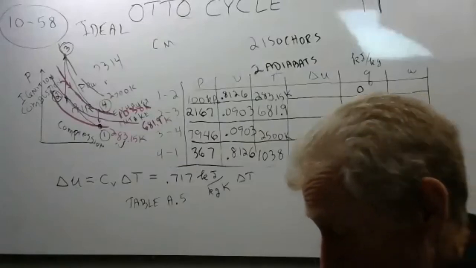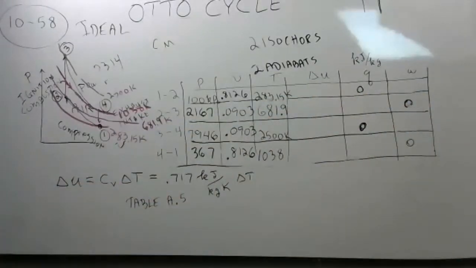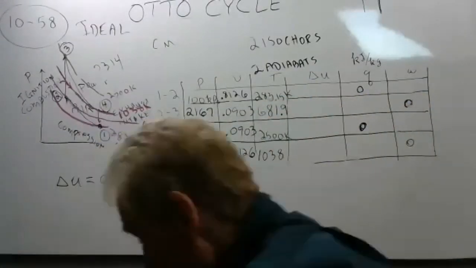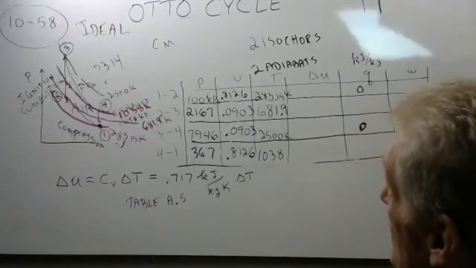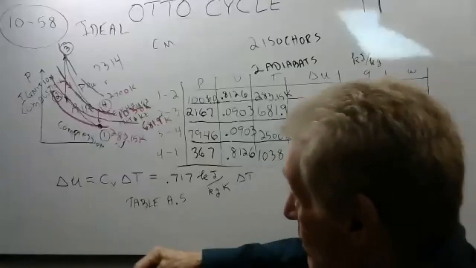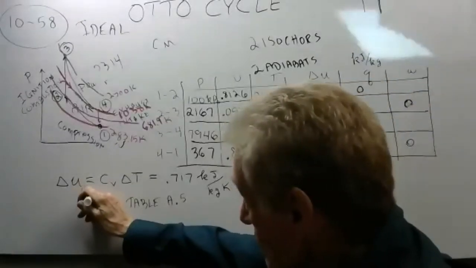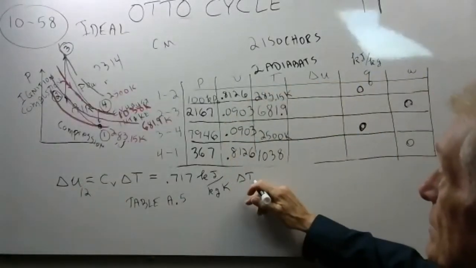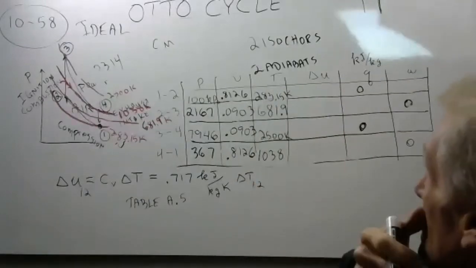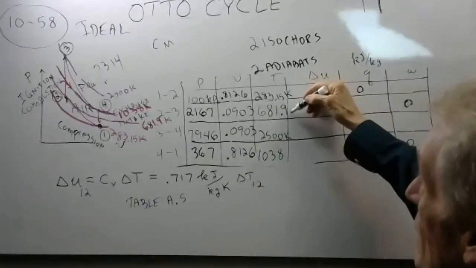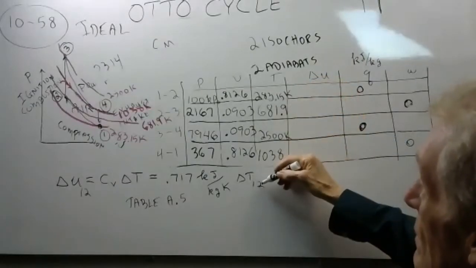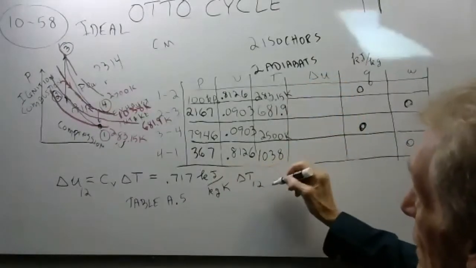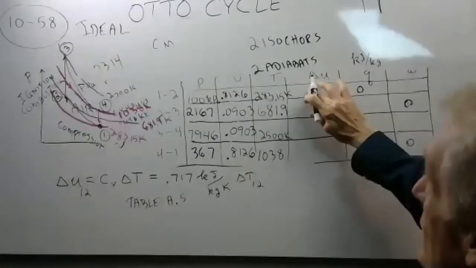After a while, if you use it often enough, you'll just memorize it. Okay, so if you want the change in specific internal energy from 1 to 2, then you'll need the change in temperature from 1 to 2. Well, it looks like it got hotter, didn't it? It got hotter, so you take the difference times that, and we can get the delta U.